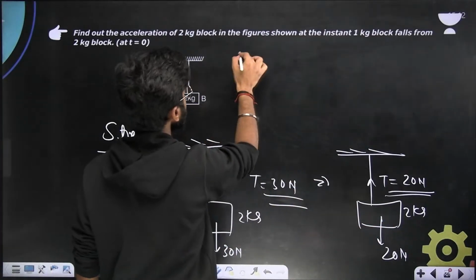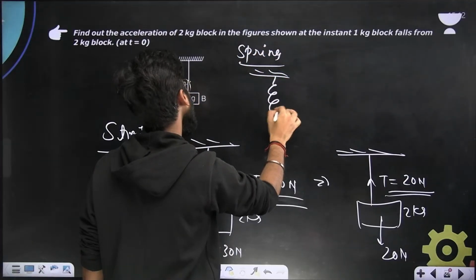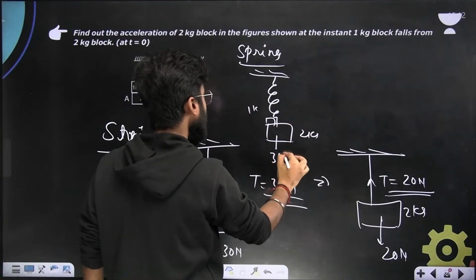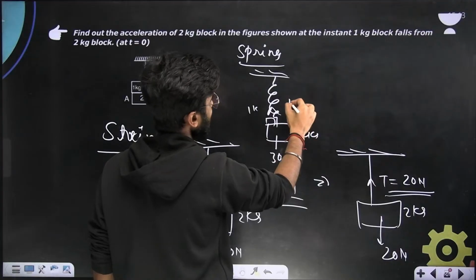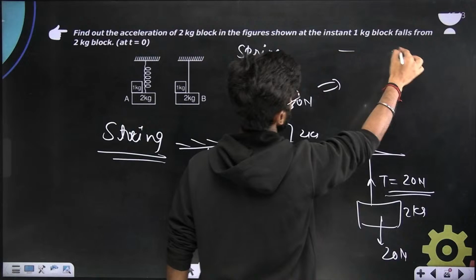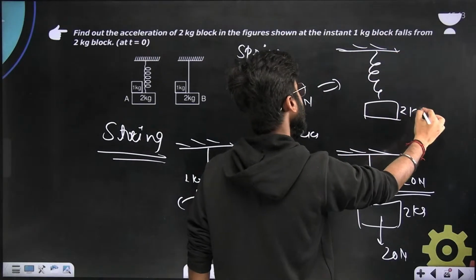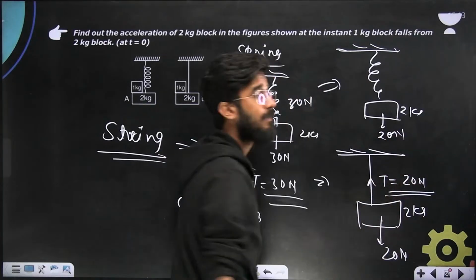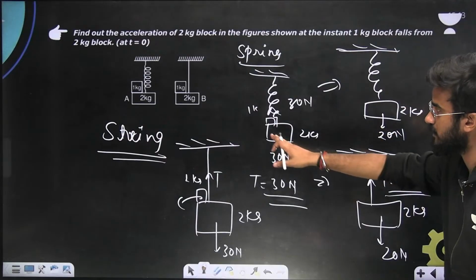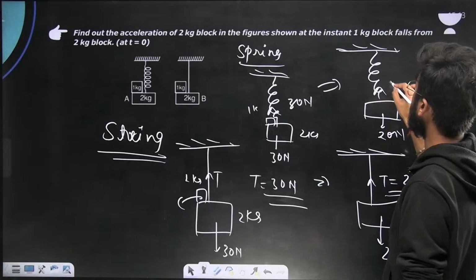But in the case of a spring, if we have a spring, and this is a 2 kg and this is a 1 kg, the total is 30 Newton, and upper is kx. kx is equal to 30 Newton. But as I removed the 1 kg block, there is a force of 20 Newton downward. The catch of the spring, listen very carefully, is that this 10 Newton in the downward direction has been removed, but the spring force remains as 30 Newton.